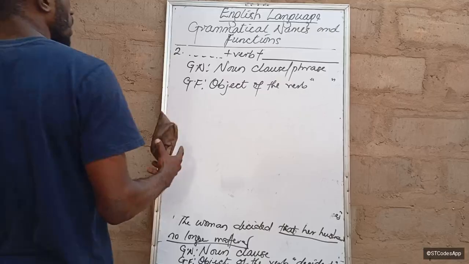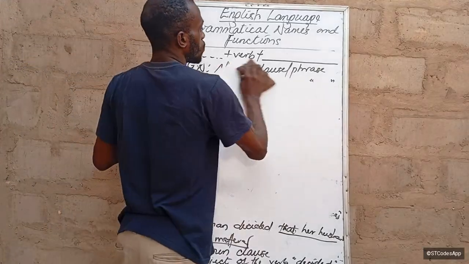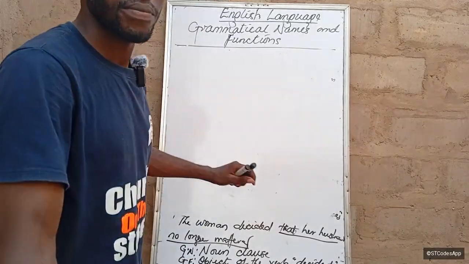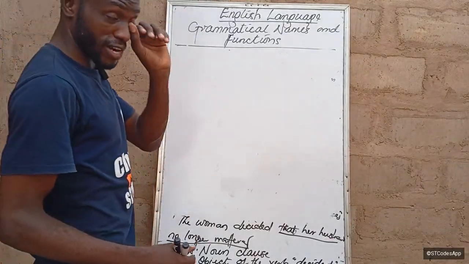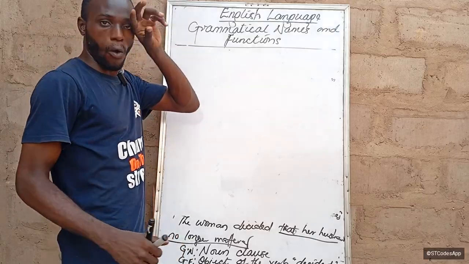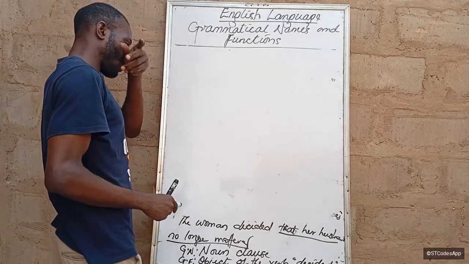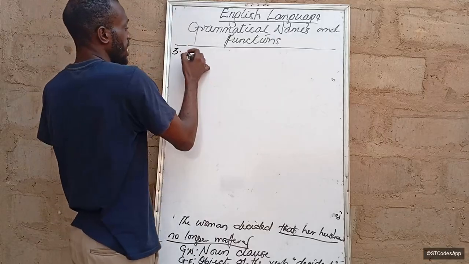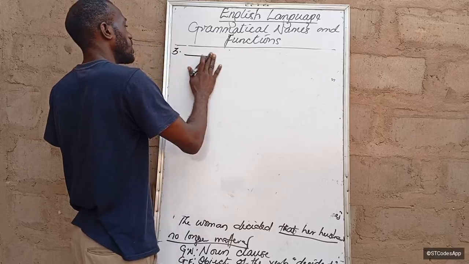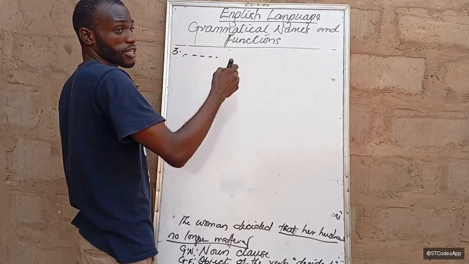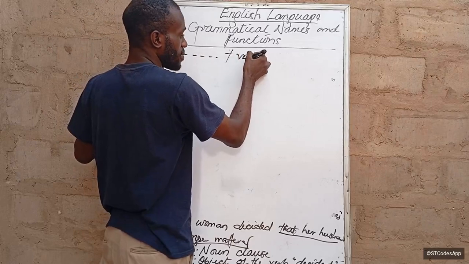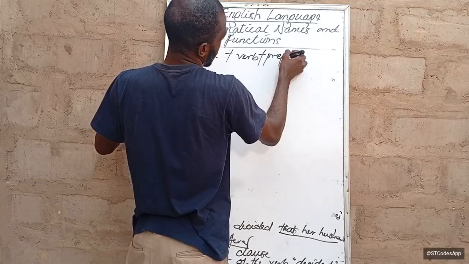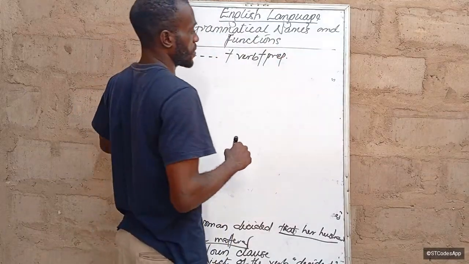Now, let's go to the next, which is the third structure that will still be dealing with nouns. There are just 5 we are going to see, and those 5 will help you for all your exams, the WAEC. The third one is where you have a structure given, then there is a verb, then immediately after the verb is a preposition, which I abbreviate as prep here.